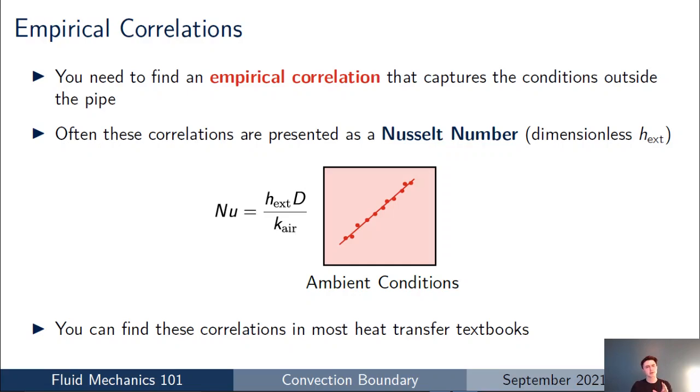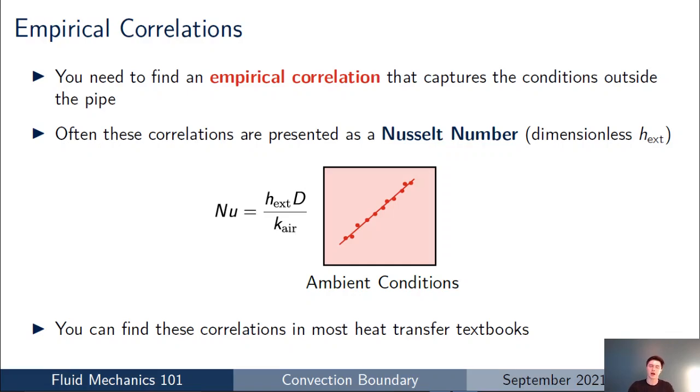So you can see straight away that if you had access to a plot like this, you'd select the ambient conditions on the x-axis, then read up to the line or the data and read off the Nusselt number, which you could then use that formula to rearrange for the heat transfer coefficient, and that's what you'd give to your CFD code.